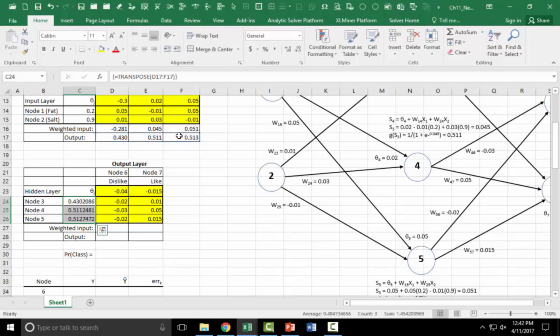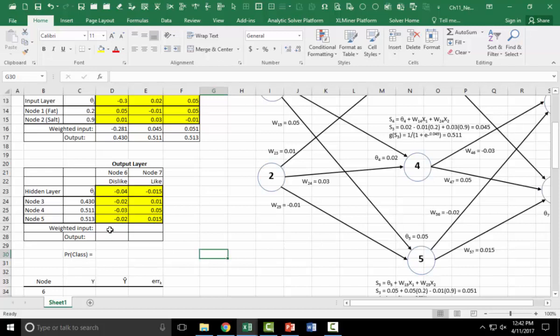Okay, so these are the inputs coming into the nodes 6 and 7. So I have one node for each. It's really not needed one. You don't need one for each.